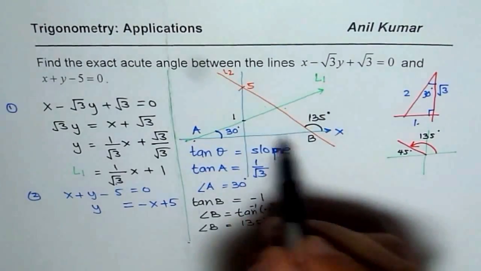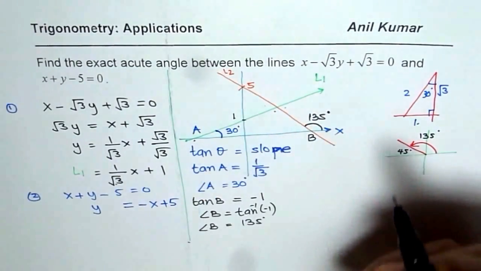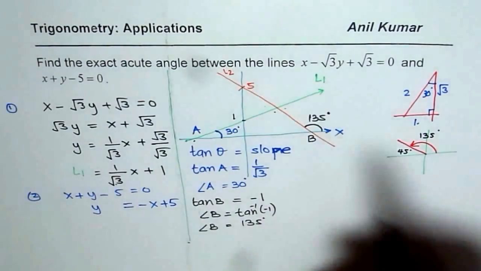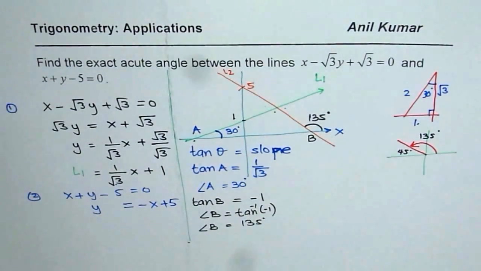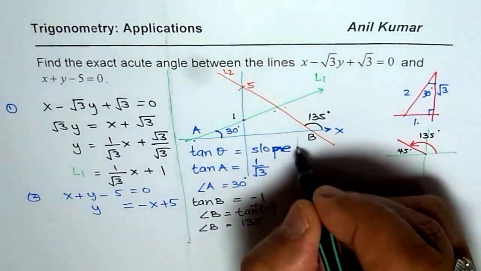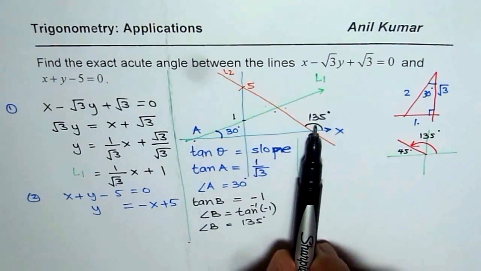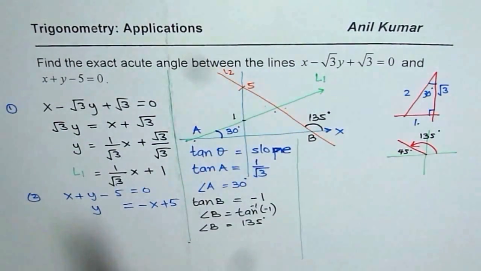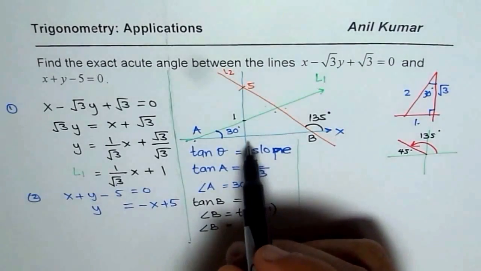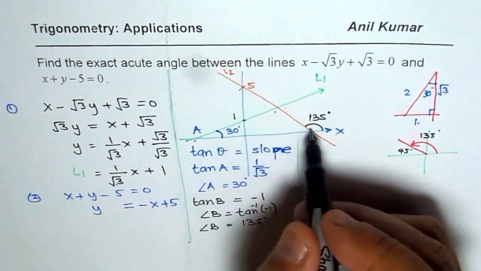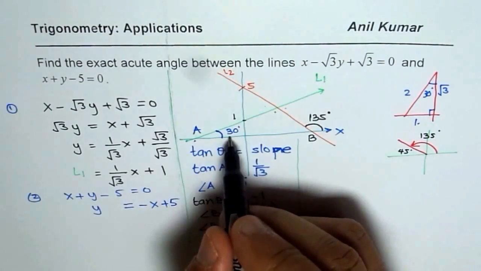Now knowing these angles, you can find the angle between the lines. There are a couple of ways to go about it. If you remember a bit about lines and angles, you know this is the exterior angle and it equals the sum of the two interior angles. So you could find this angle by 135 minus 30 degrees.